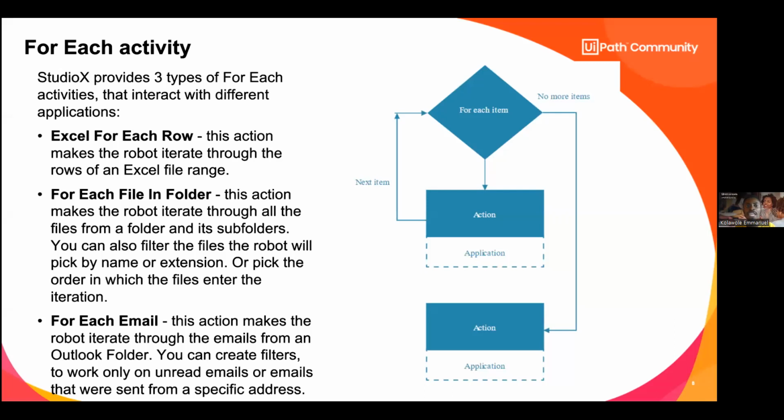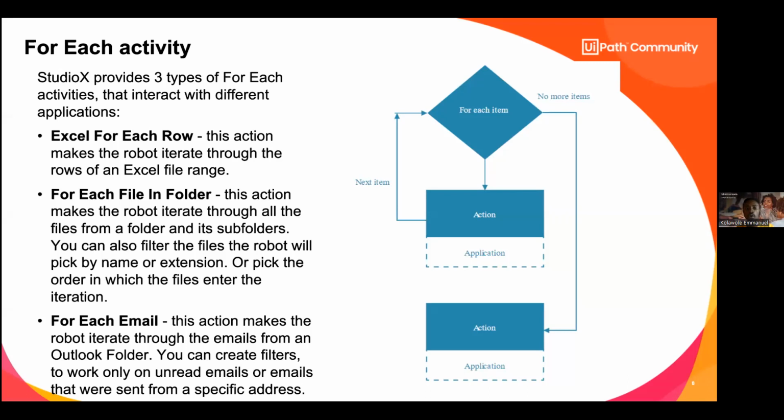Now we have the for each activity. In StudioX, we have 3 types of for each activity. We have Excel for each row, we have for each file in folder, and we have for each email. I'm going to talk about them shortly, then we are going to demo 1 or 2 things together also.